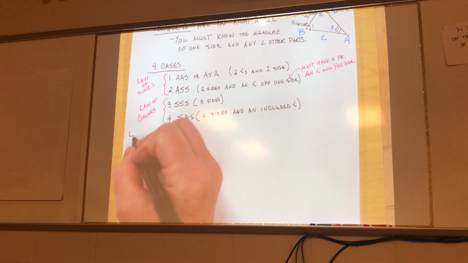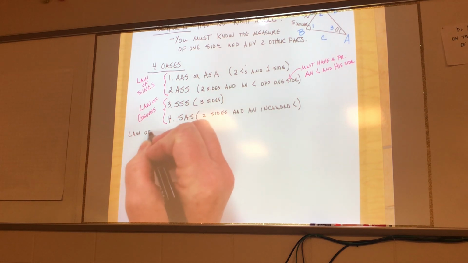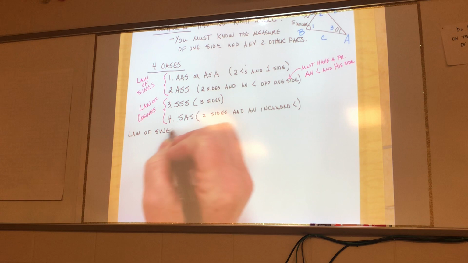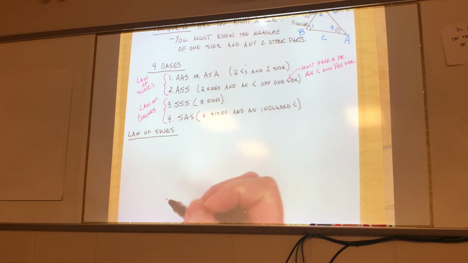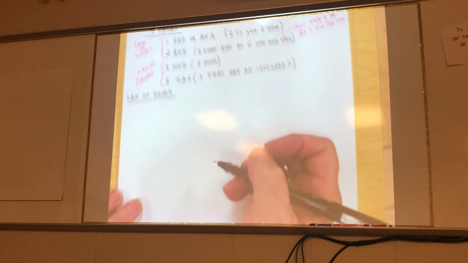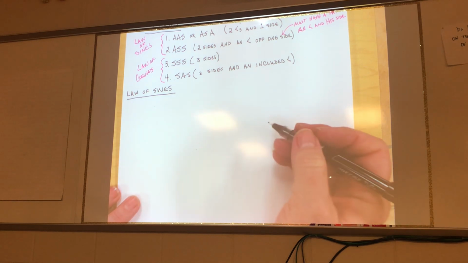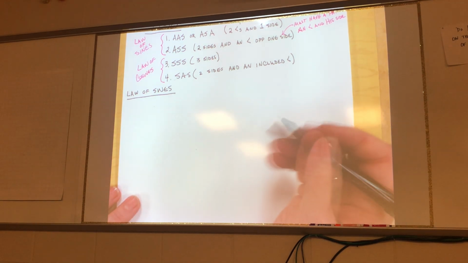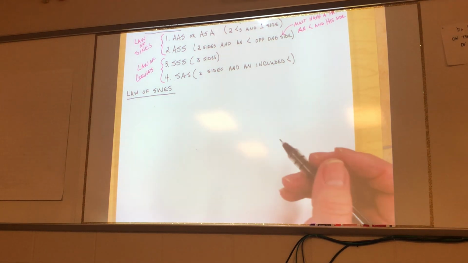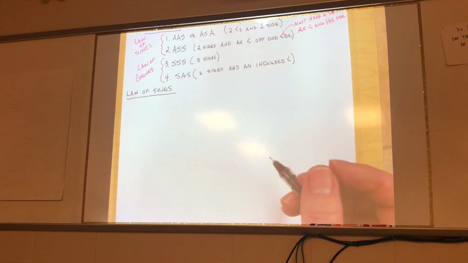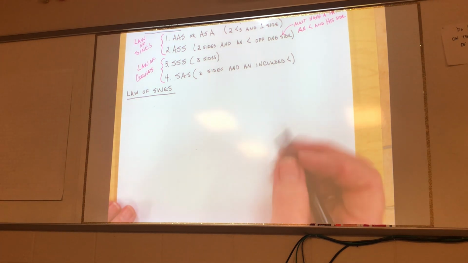So, law of sines. Here's law of sines. It can be written 2 different ways, so I'm going to write it both ways. It's very easy. You won't even need your note card for it, but you'll have it just in case you get scared. All right?